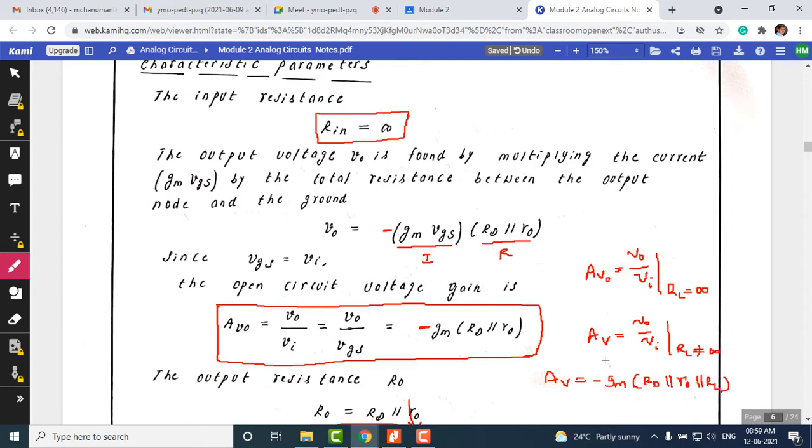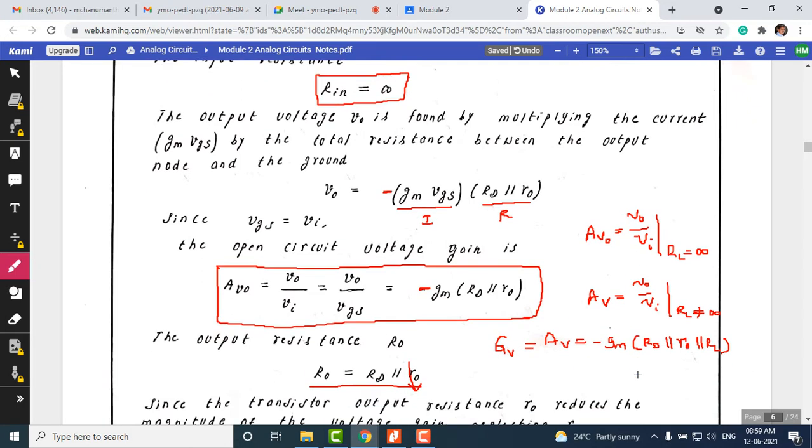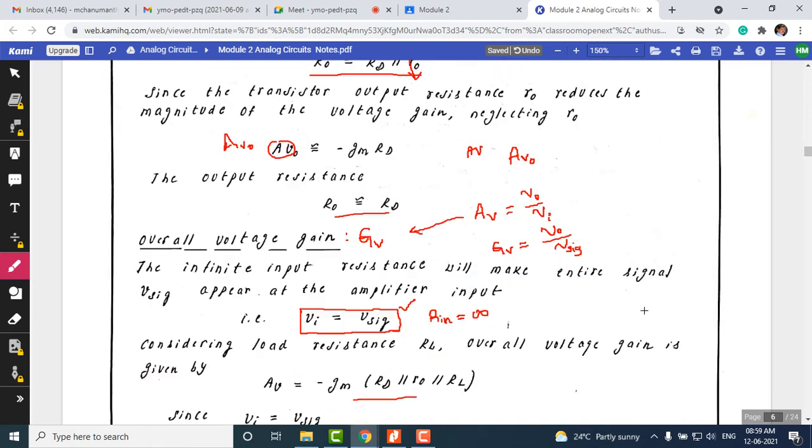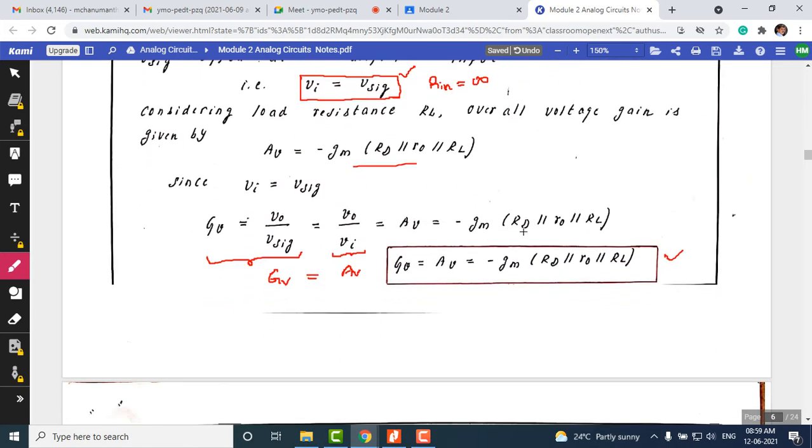This is the change you have seen here. We already have the Av naught equation without RL, but with RL this is going to be the equation. But observe here, for this common source amplifier, Av and Gv are the same. So you can write this straight away: minus Gm into this complete term.